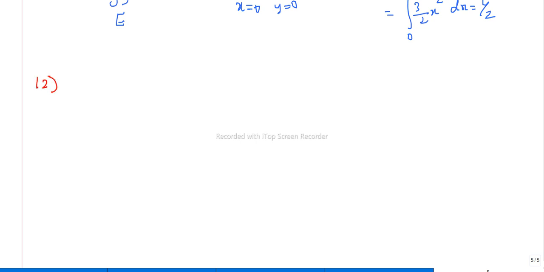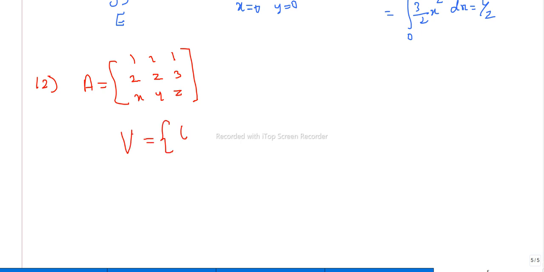Suppose we have a matrix A equal to 1 1 1, 2 2 3, and then x, y, z. Okay, this is a matrix. Now we define here V. So V is nothing but the set of all this x, y, z such that the determinant of A is 0.